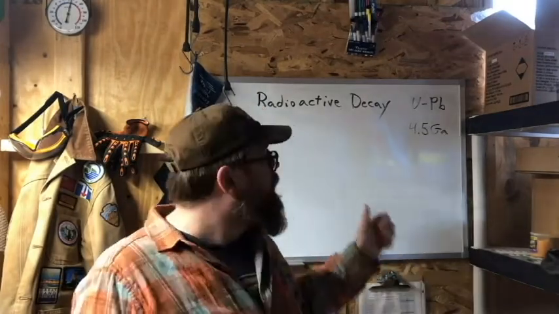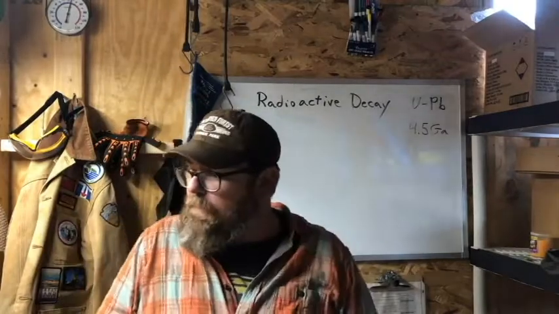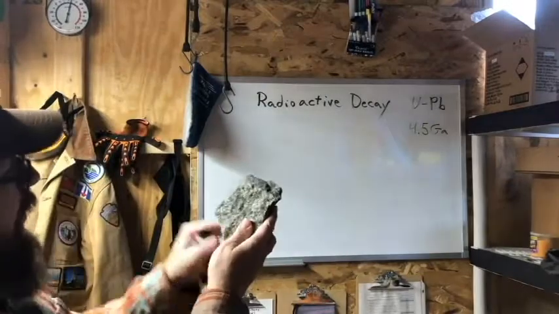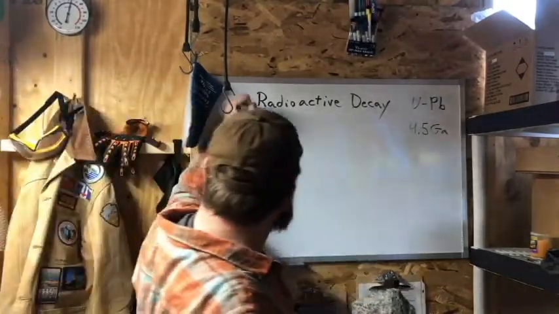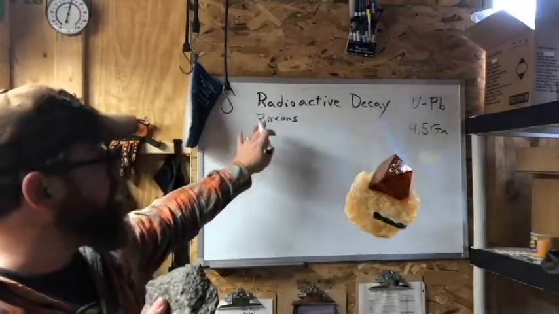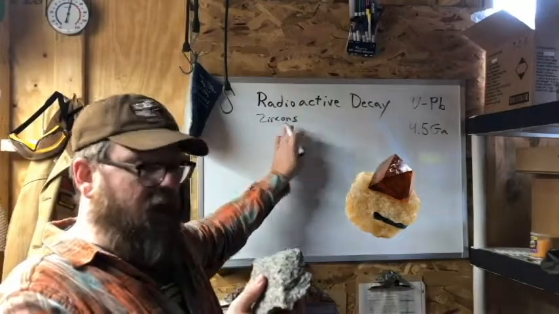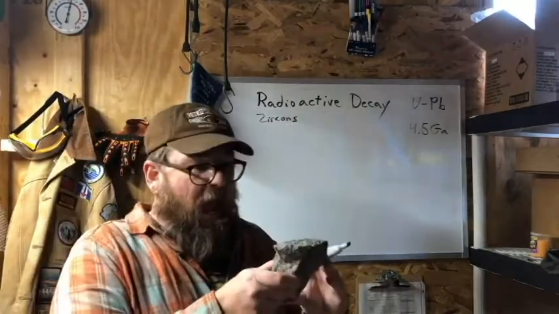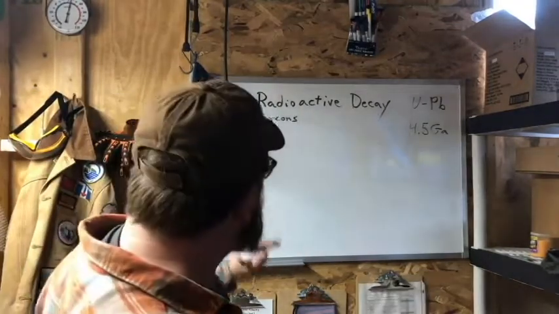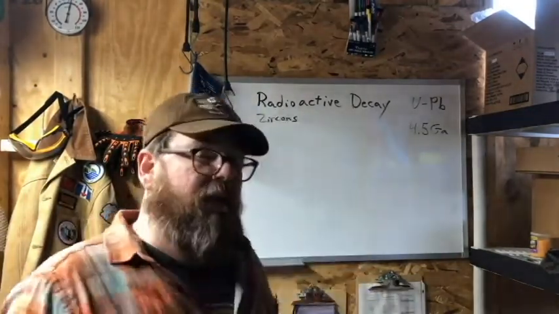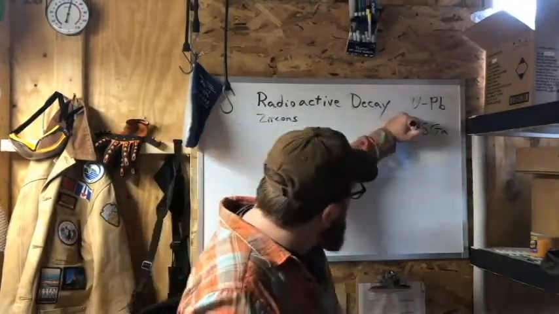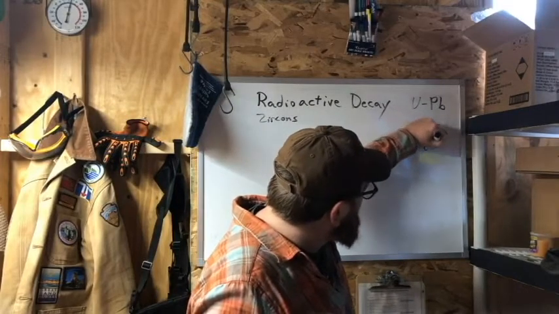All right, but if I take a rock like this granitic rock here, we're going to talk about a couple things. Zircons is one. All right, we're talking minerals because this is what we use to date, okay? So if I pulled some zircons from this and I dated them, and we'll get into correction methods in a little bit, I am going to get the age of that rock, and we'll just say that rock is 1.8 billion years.